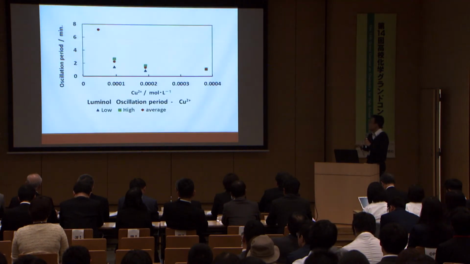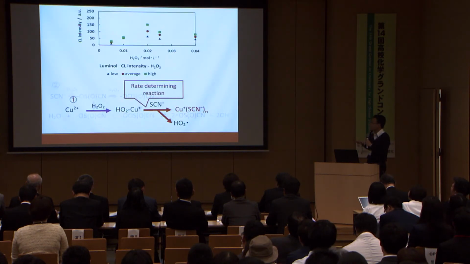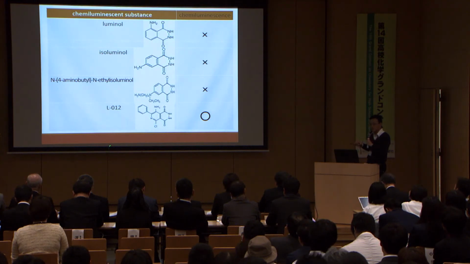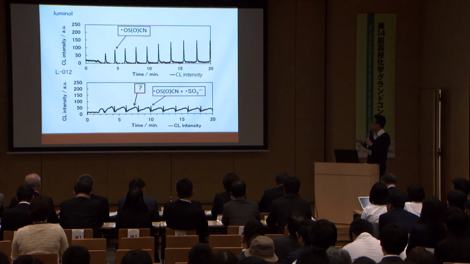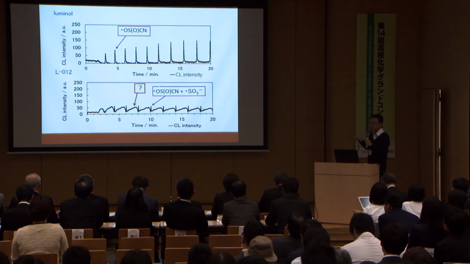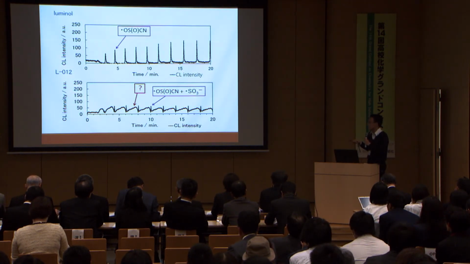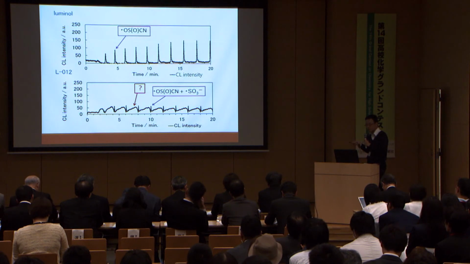But what is new is that we used L012 instead of luminol. If we compare the graphs, you will see that between a sudden strong chemiluminescence, when we used L012, there was a gradual increase in chemiluminescence intensity. We discovered this phenomenon, so we call it a novel phenomenon.